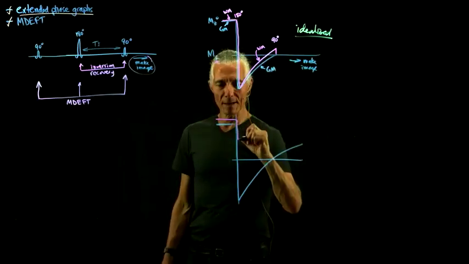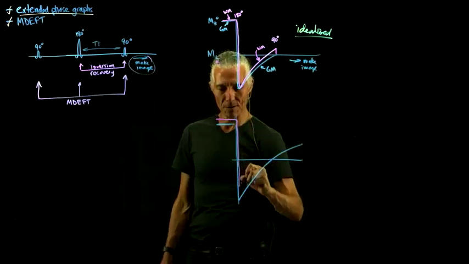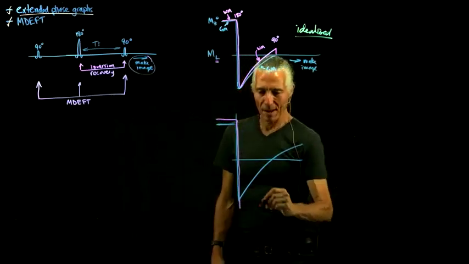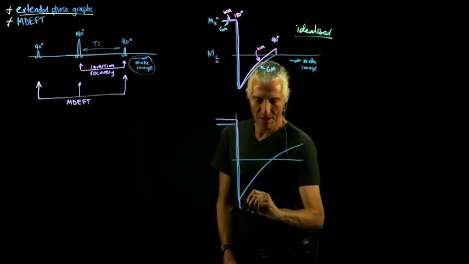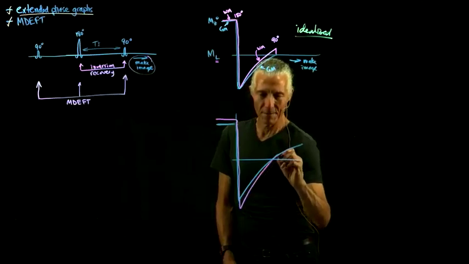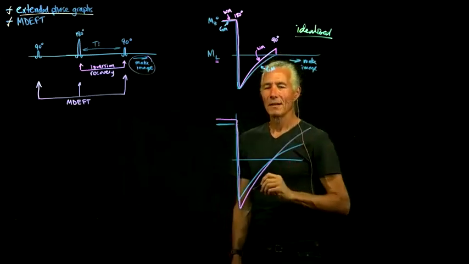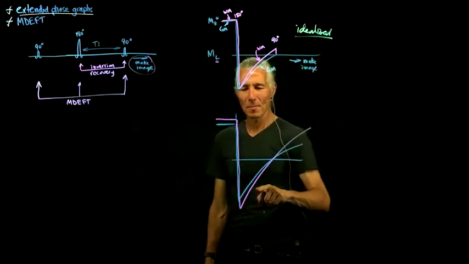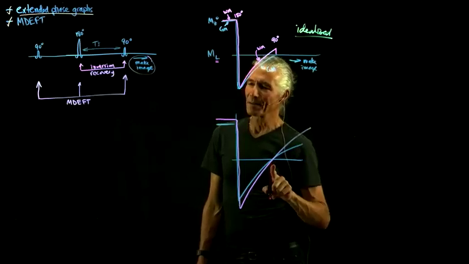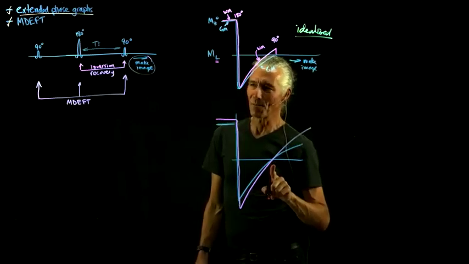I'm exaggerating, but this one is going to give you a bigger signal. And you can see this one is going to cross that one, and that's going to screw up our plan of having a big difference when one of them was crossing 0.